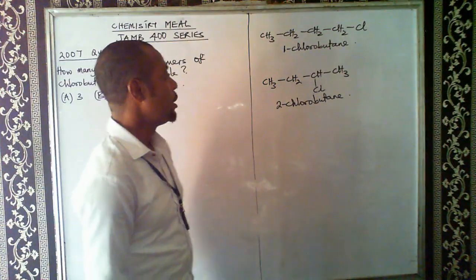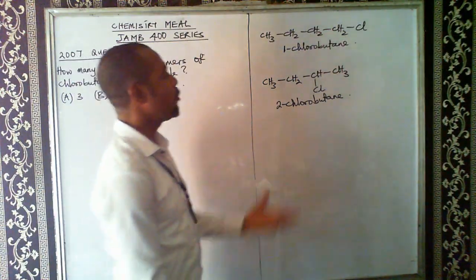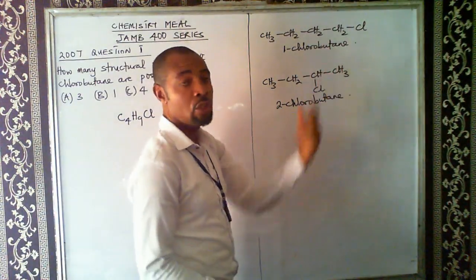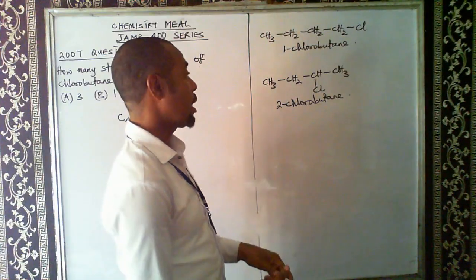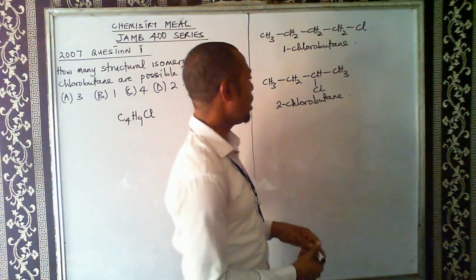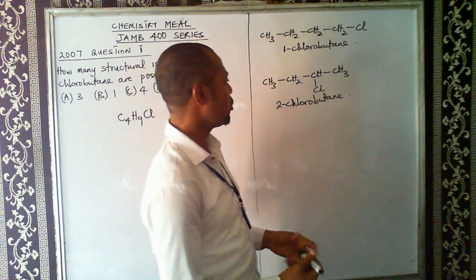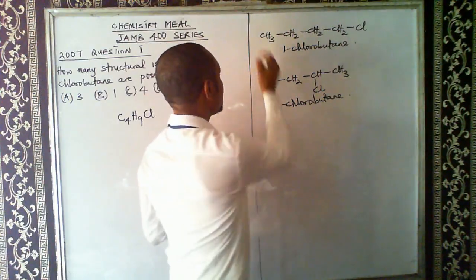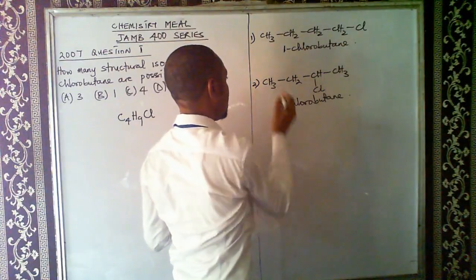Okay. So that means it's still possible for me to move an alkyl group. That means I can reduce the chain to 3 what? To 3 carbon. Let's reduce it to 3 carbon first. So this is the first isomer, second isomer.